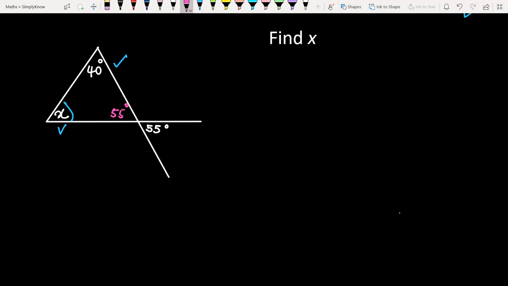Because these two angles are vertically opposite angles formed by the intersection of these two straight lines. Here, this straight line and this particular straight line.